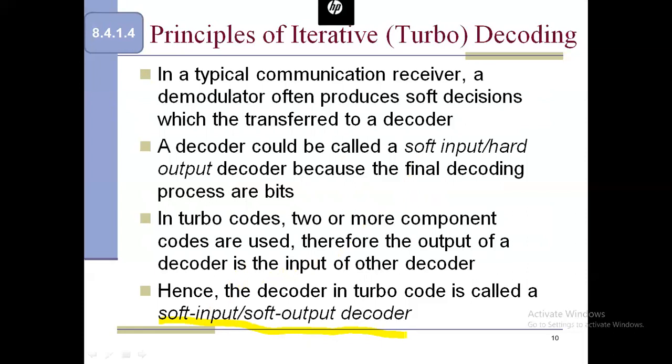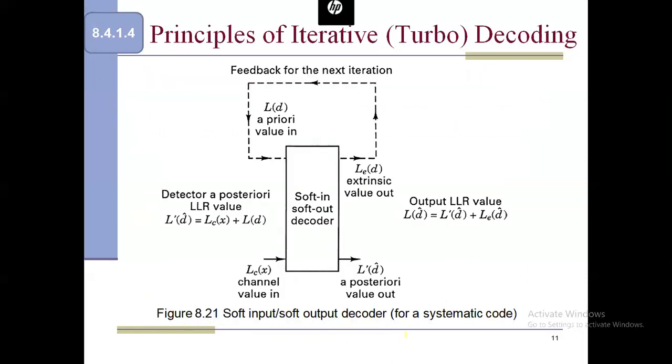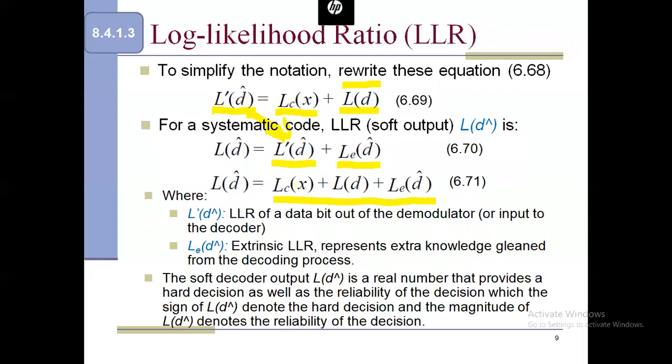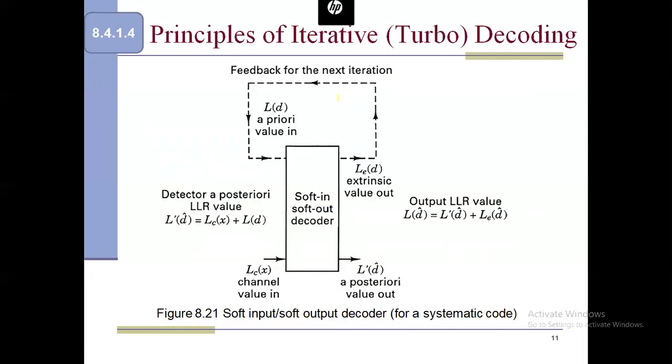So this is for the clarity of the expressions we have learned here. These expressions are not clear here, but we can clarify them in this diagram. We start with the input to the decoder.